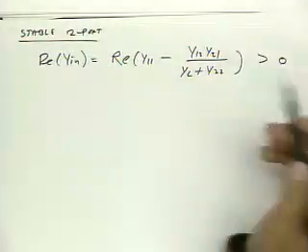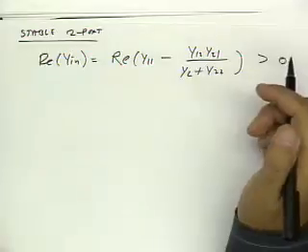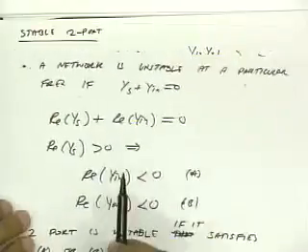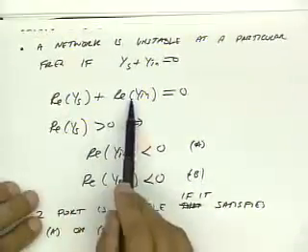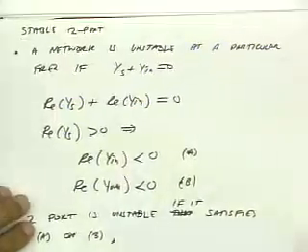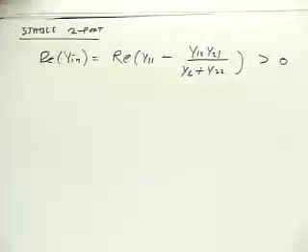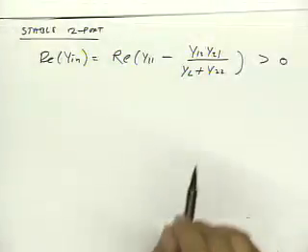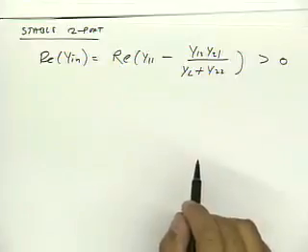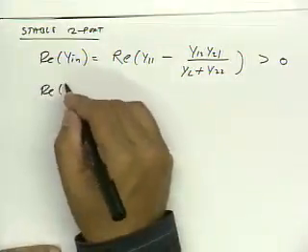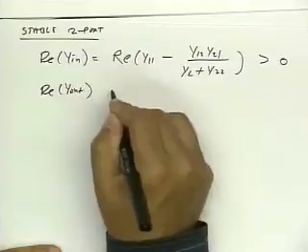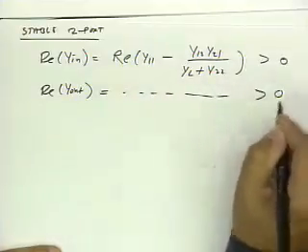If it's bigger than 0, then it's stable, because then this equation can never be satisfied, right? If this is positive and this is positive, they can never sum to 0. Therefore, obviously, it's stable. And I can write a similar equation for the real part of Y out.